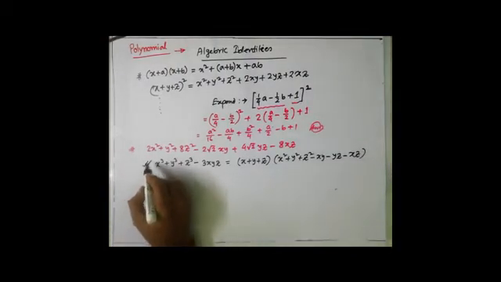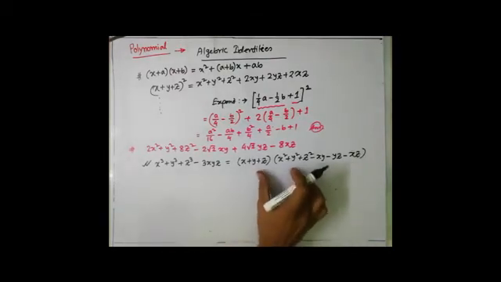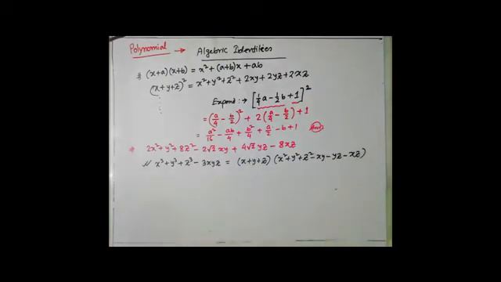This identity is given. You can easily verify it: if you multiply out the right side expression, you can get this left hand side, which is nothing but that. Okay, now see one thing.